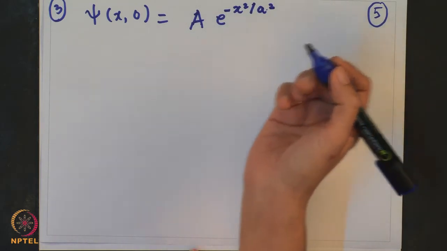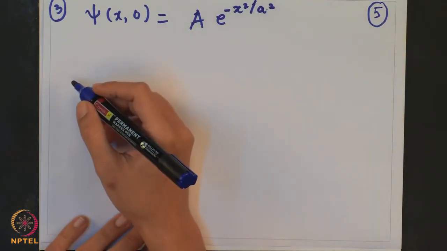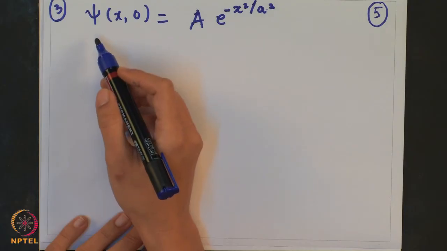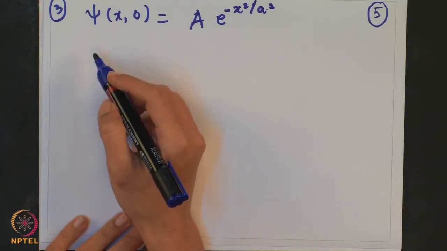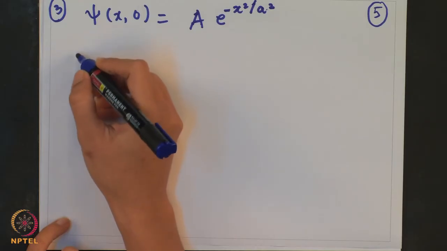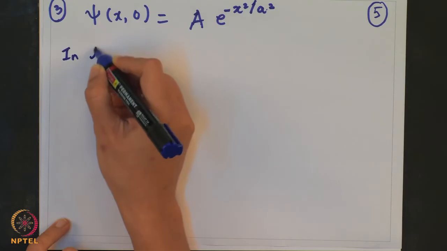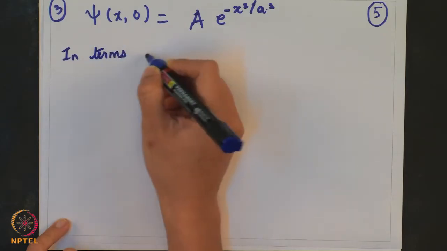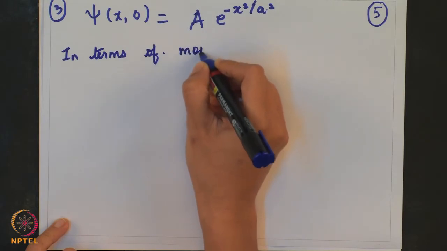Now, one way to do this is you write this in terms of the momentum representation, in terms of momentum space.